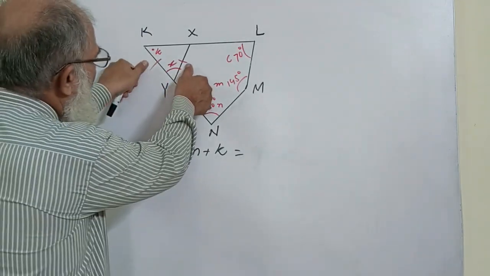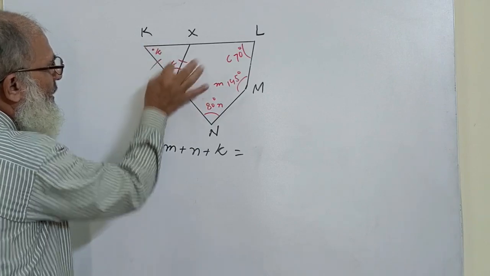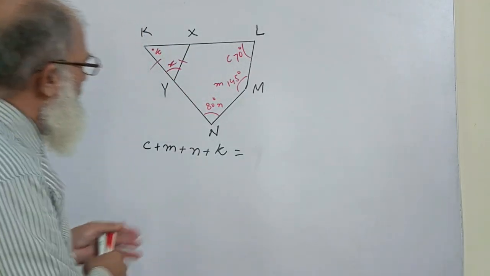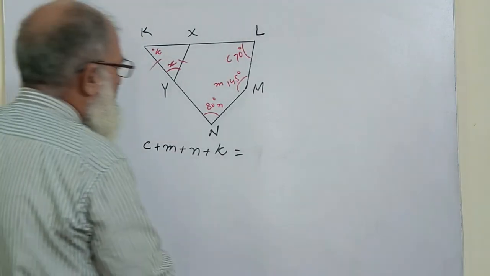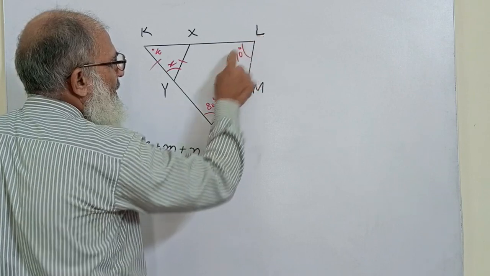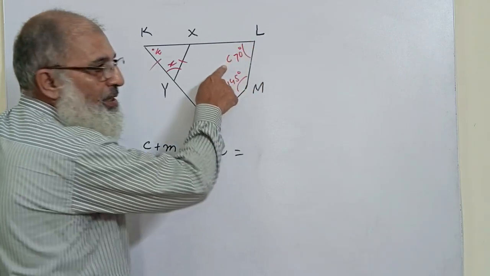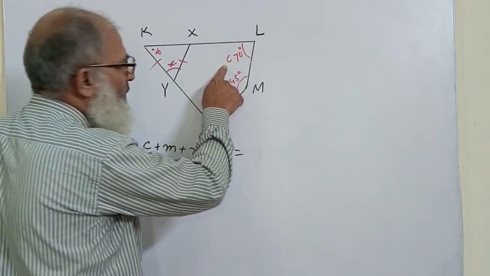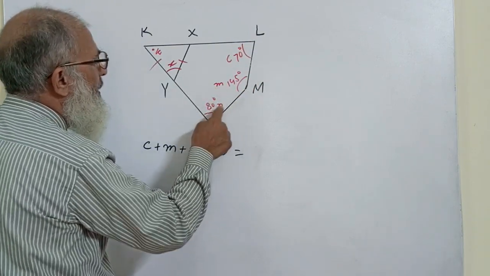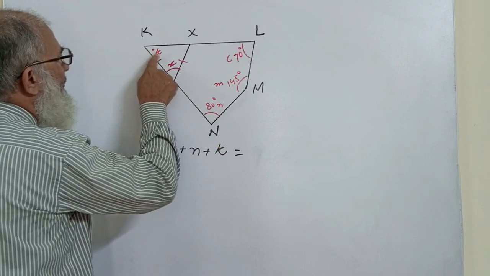Since this is an isosceles triangle, these two base angles must be equal. Now, to start, I have written the respective angles in smaller letters: L, M, N, and K.